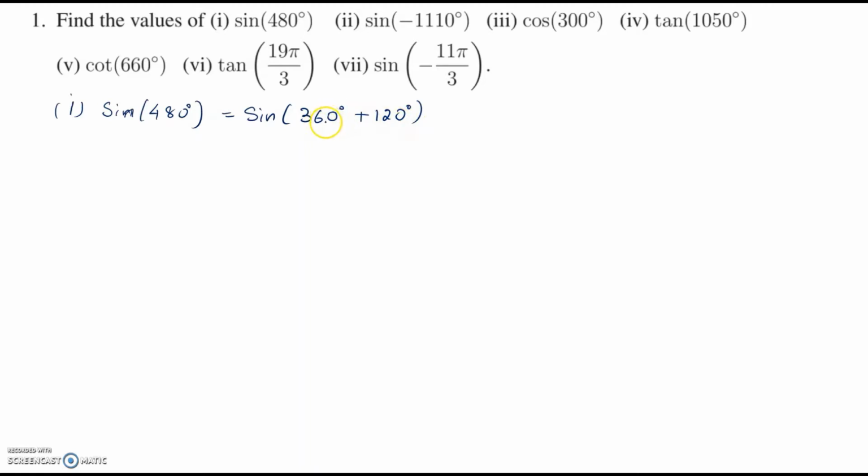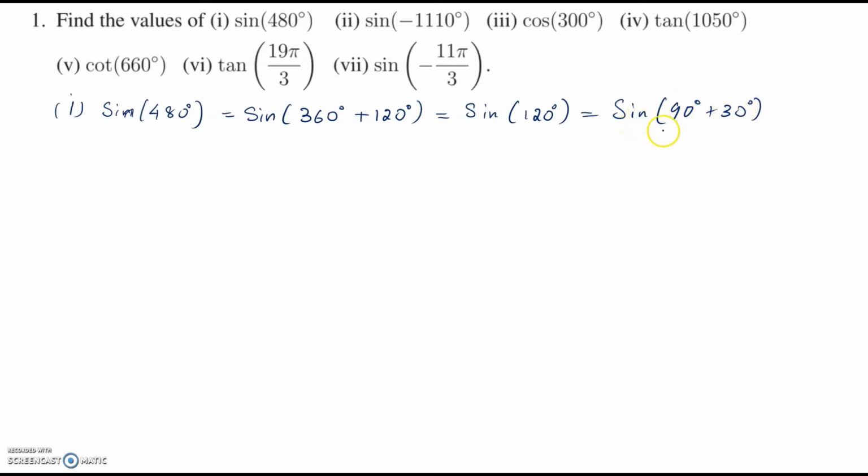So when it's 360 plus 120, we can eliminate the 360 because 360 is one full circle. So that will be equal to sine 120 degrees. Further, the sine 120 can be written as sine 90 degrees plus 30 degrees.